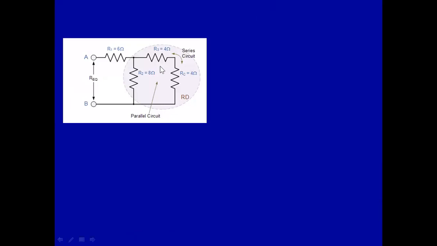After simplifying your RC is in series connection with your third resistor, okay? And R3 and RC is in parallel connection with your R2. So the whole circuit is in parallel connection, and we're going to name this as RD.